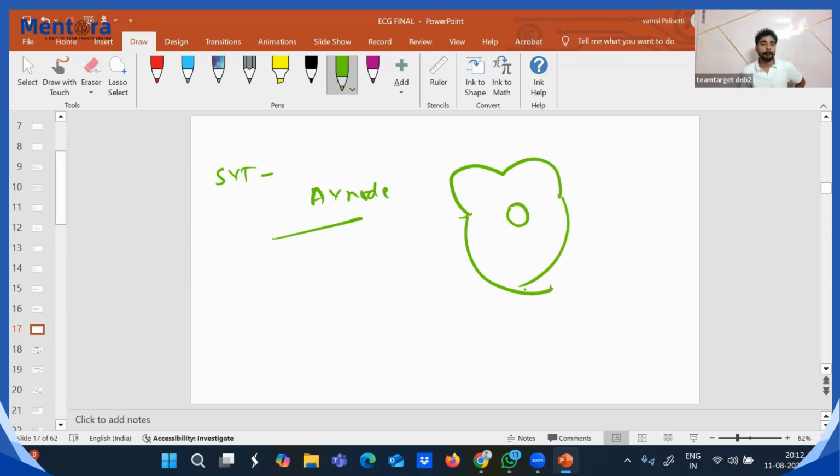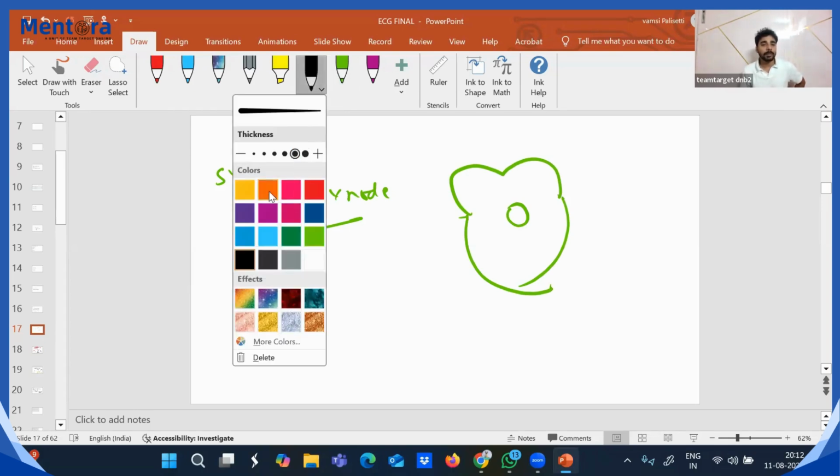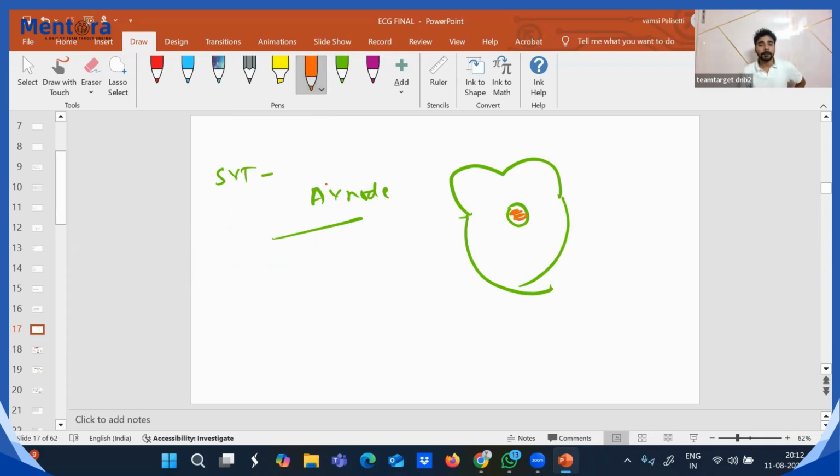This is your AV node. Usually SA node is the pacemaker. So instead of SA node, your AV node is becoming a pacemaker. It is generating impulses and simultaneously depolarizing the atria and ventricle at the same time.